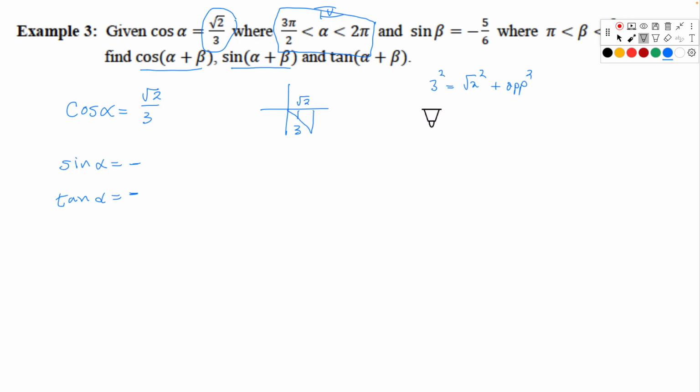So 3 squared is 9. Square root of 2 squared is 2, right? Plus the opposite side squared. Subtract 2 from both sides. We get 9 minus 2 is 7.